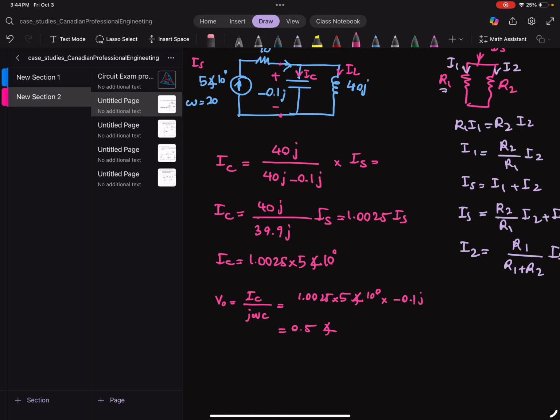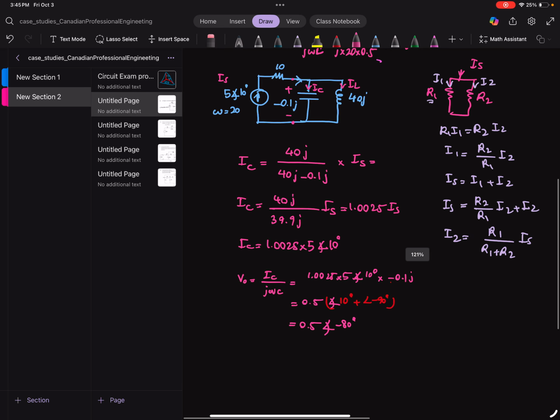But the phase is going to be 10 degrees plus the phase of minus j, which is minus 90 degrees. J is 90 and minus is going to be minus 90 degrees. So then we have 0.5 at minus 80 degrees.